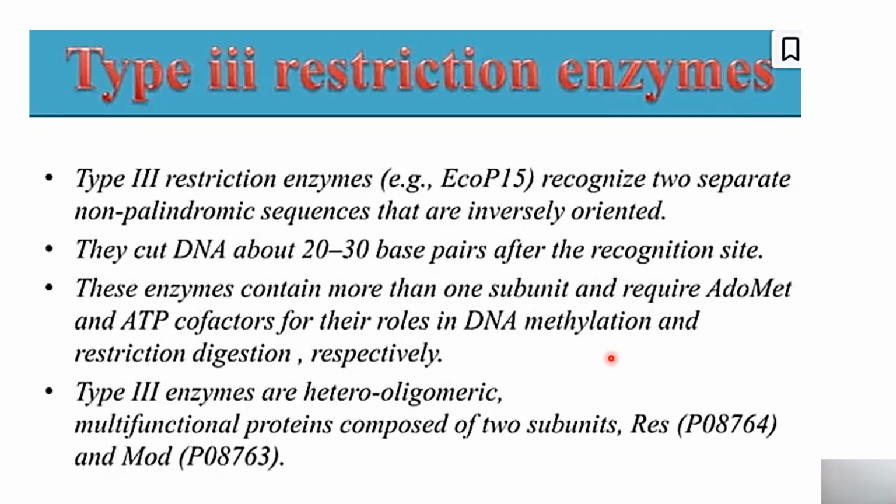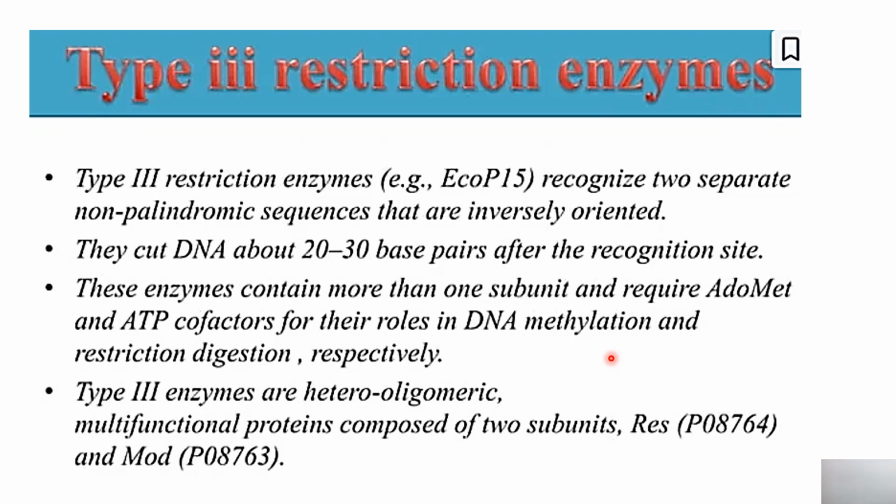Type 3 enzymes recognize two separate non-palindromic sequences that are inversely oriented. They cut DNA about 20 to 30 base pairs after the recognition site, and these enzymes contain more than one subunit and require S-adenosylmethionine and ATP cofactors for their roles in DNA methylation and digestion.